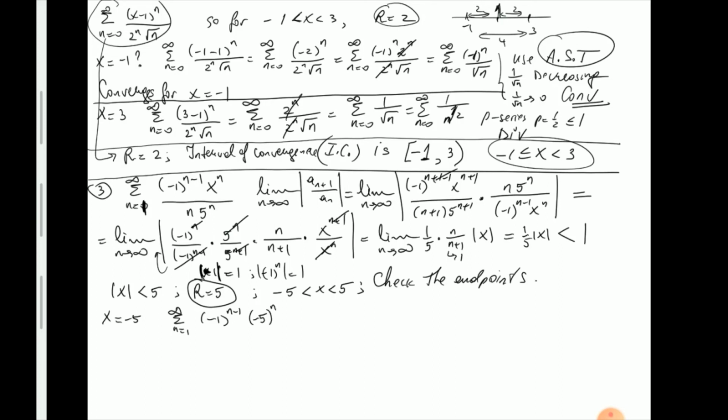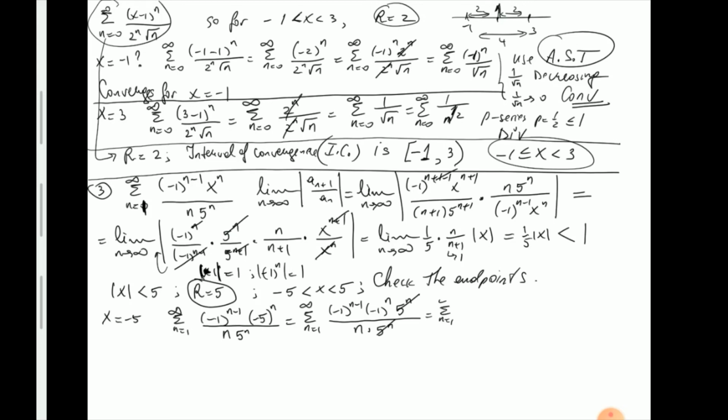We have to be very careful here with simplification of those minus signs. So notice we have (-1)^(n-1). We have another (-1)^n, 5^n. Now, 5^n goes away. What's left is actually not an alternating series. Look closely here.